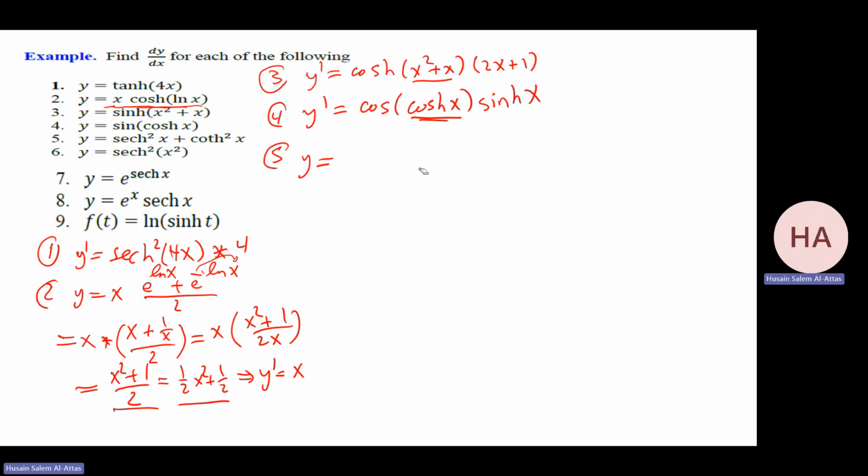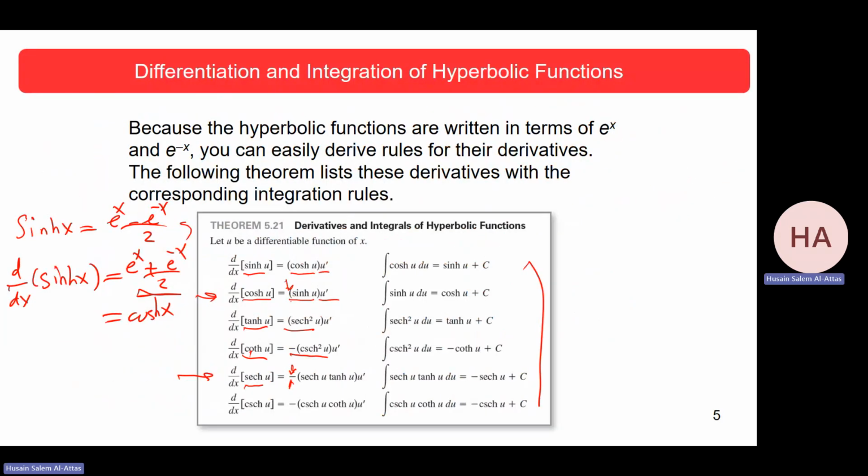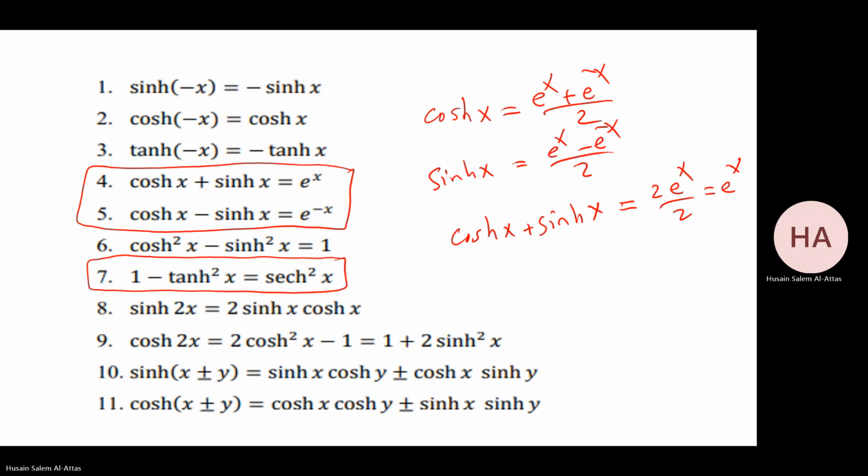Actually, it's not minus. It's 2 secant hyperbolic x times derivative of this, which is minus secant hyperbolic tan hyperbolic x. Now I need to differentiate this. If you remember, the derivative of cotan hyperbolic is minus cosecant hyperbolic square.